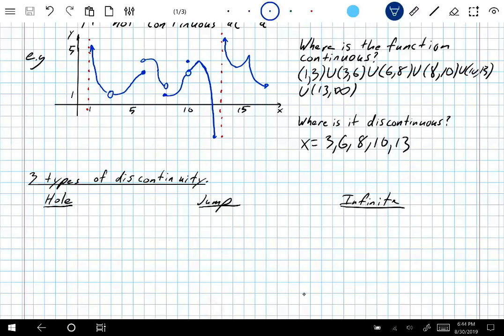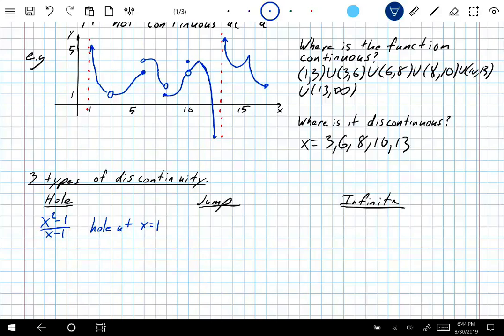How about x squared minus 1 over x minus 1? This thing, if you graph it, has a hole at x equals 1. Why is that a hole?